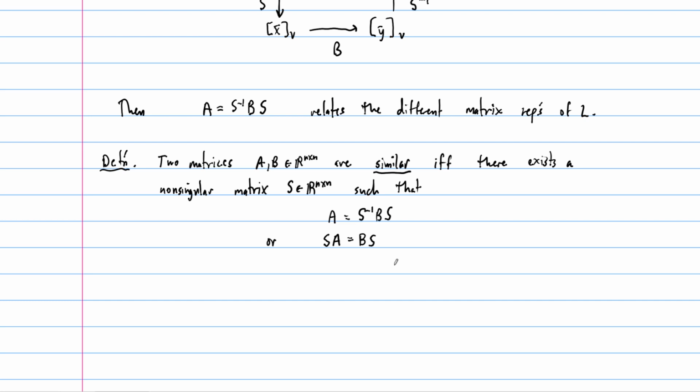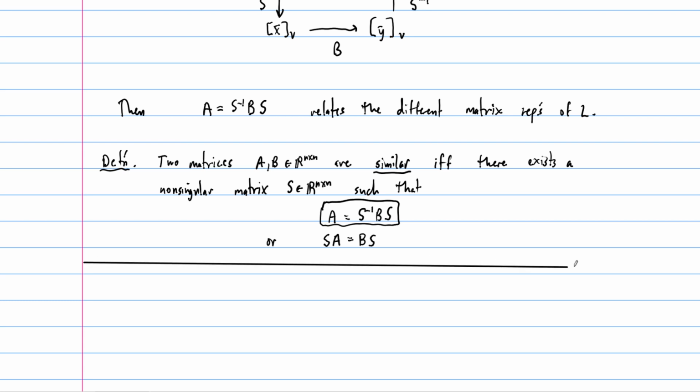Either one can be used, but the first one, A equals S inverse B S, is our definition of similar matrices. These two matrices represent the same transformation with respect to different bases. The S matrix is thought of as the change of coordinate matrix for this space.